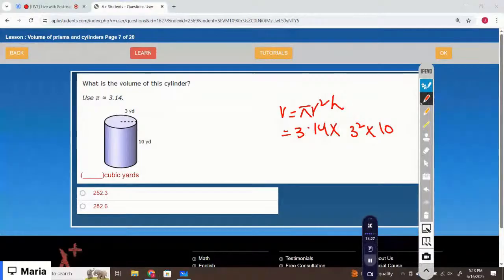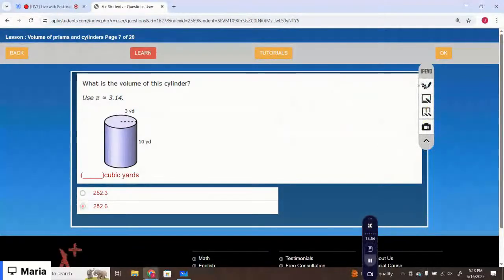That is 90 times 3.14. That is 282.6. Option number two is the correct option.